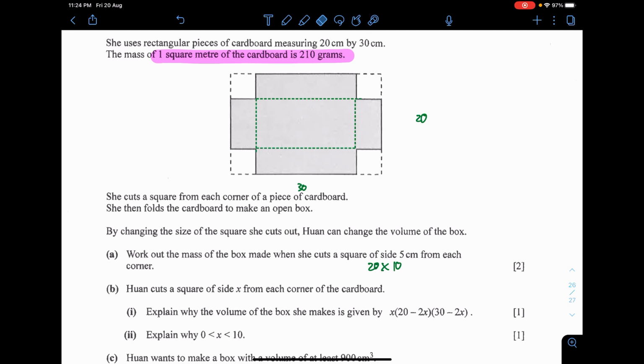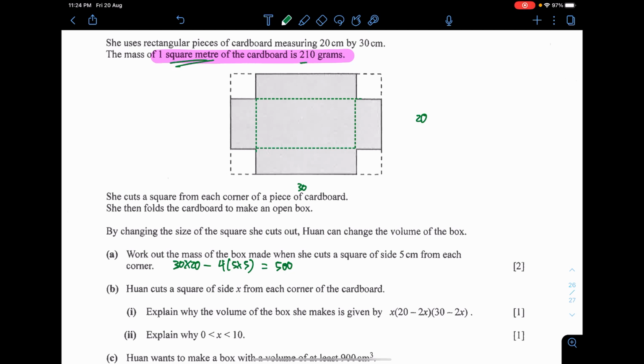The mass depends on the area. So 30 times by 20 minus 4 squares, 4 times 5 times 5. What will it be? 500 cm squared.